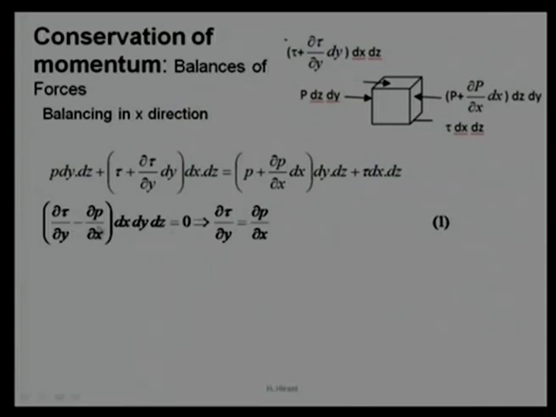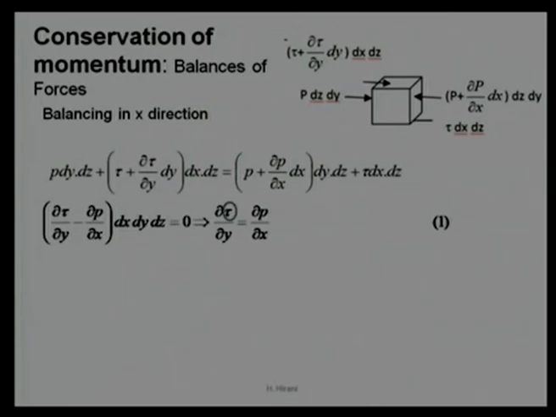This can be rewritten something like this: gradient of shear stress induces pressure, or may increase pressure. So, we are emphasizing here that tau is playing an important role, and in liquids we know viscosity will play an important role to induce this shear stress.